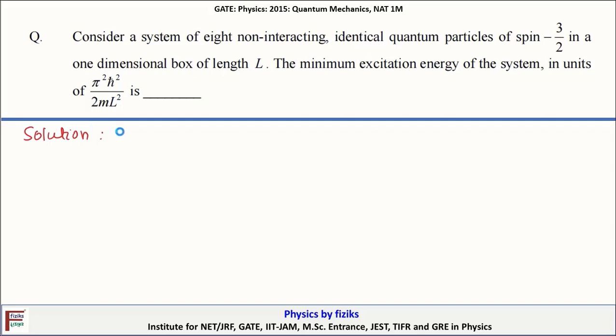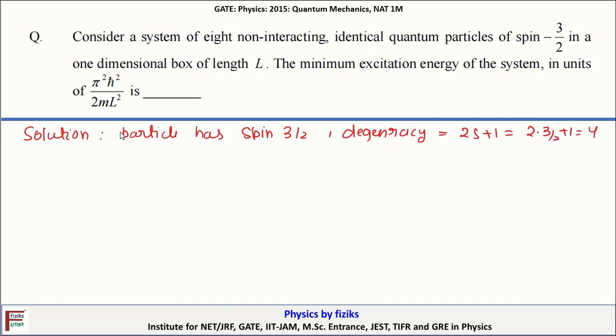The particle has spin 3 by 2. That means the degeneracy in this state would be 2s plus 1, that is 2 into 3 by 2 plus 1, which is 4.